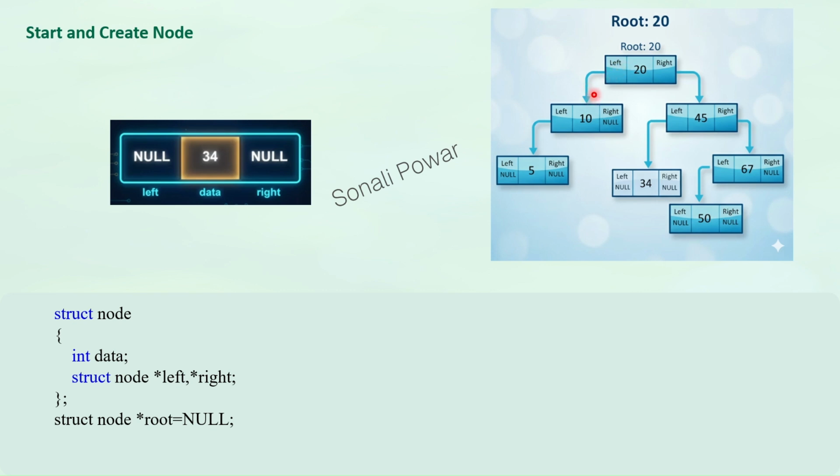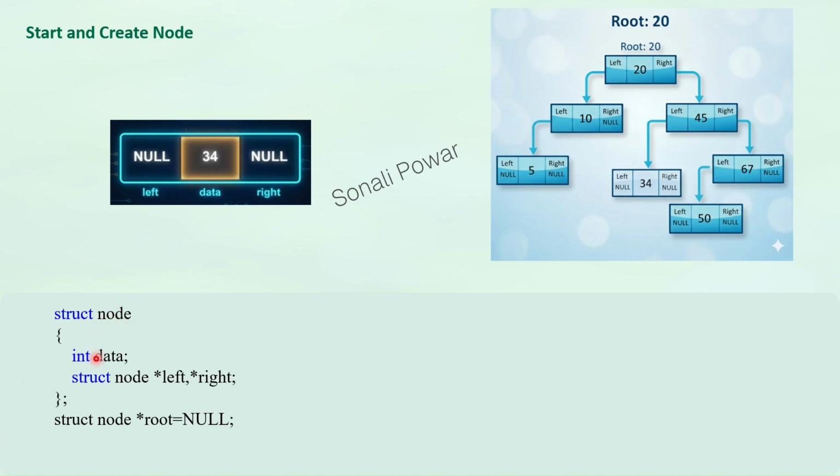This is the way I can add the element. Before creating the new node, first understand the linked list representation of the binary search tree. A binary search tree is a collection of nodes, and each node has 3 parts: left, data and right. The left part stores the address of the left child, the right part stores the address of the right child, and data contains the actual value of that node. To represent such a node in the C language, you have to write this code.